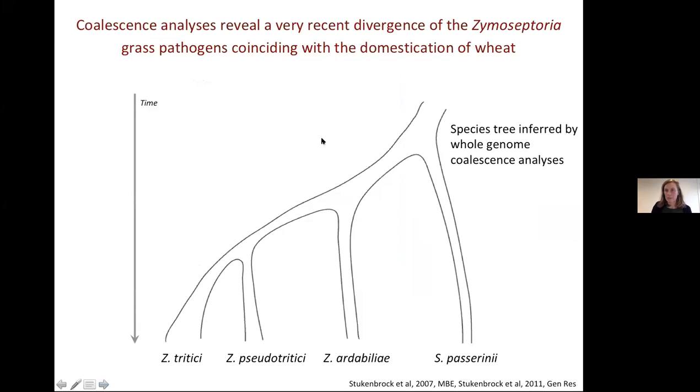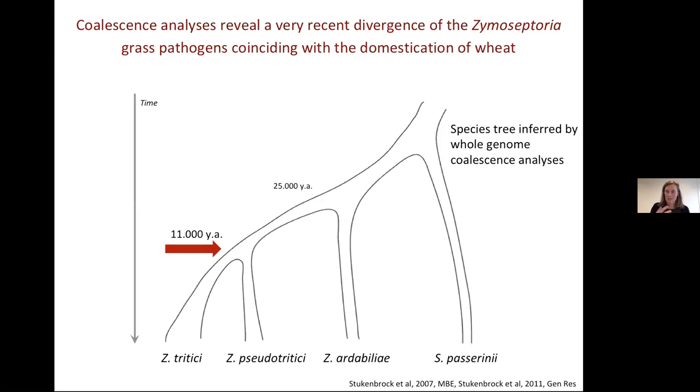So we have been using this data also to date the speciation event of Septoria tritici, and here we have been using evolutionary analysis, coalescence analysis, where you identify the time of the most recent common ancestor of the different species. And what we have found evidence for with independent methods and different types of data sets is that the speciation of Septoria tritici has been very recent and very likely coincides with the domestication of wheat.